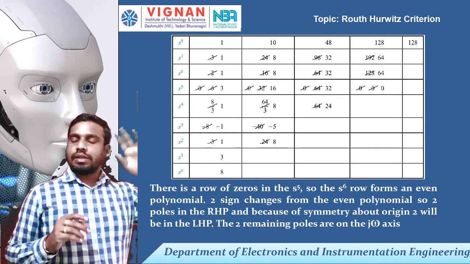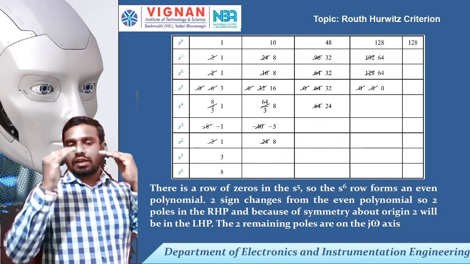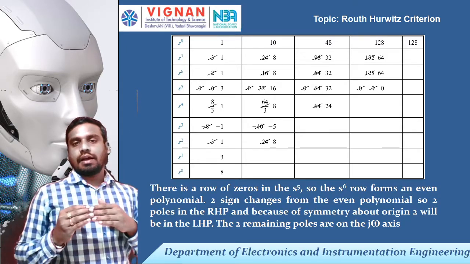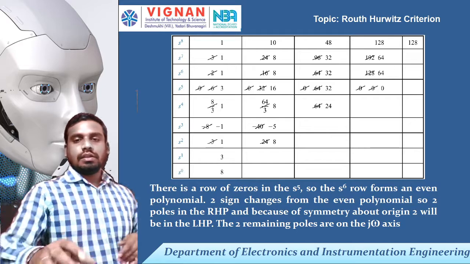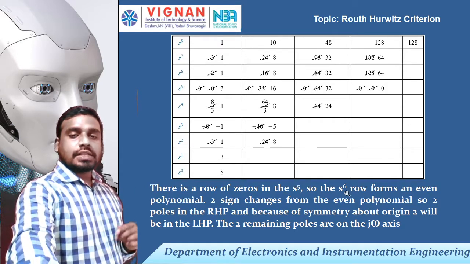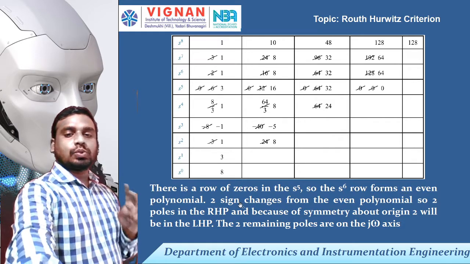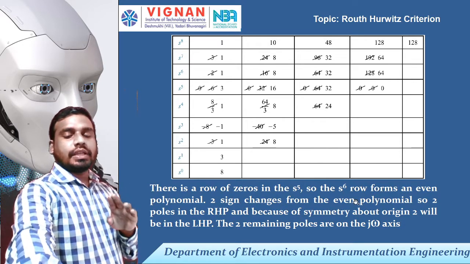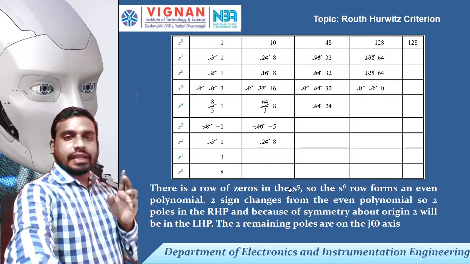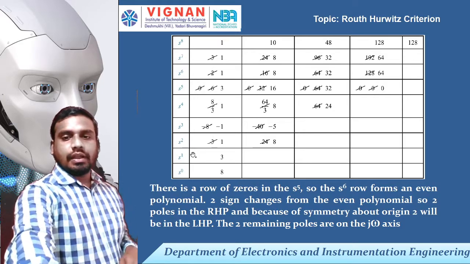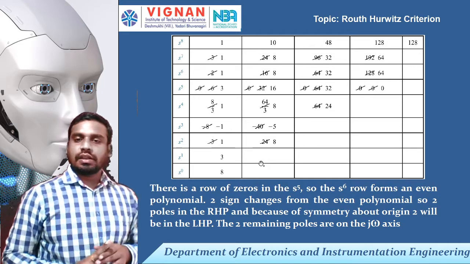Right? We already know two poles before, but after the auxiliary equation, the auxiliary polynomial, that is after s power 6, there are two sign changes from the even polynomial, so two poles lying on the right half of S plane.